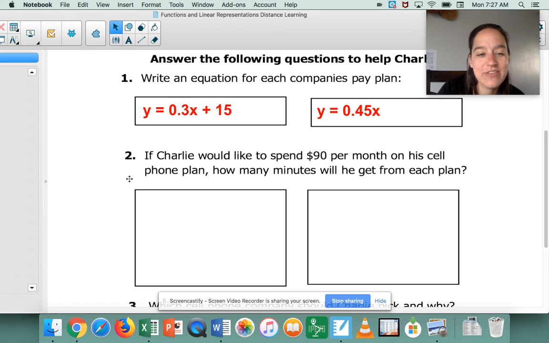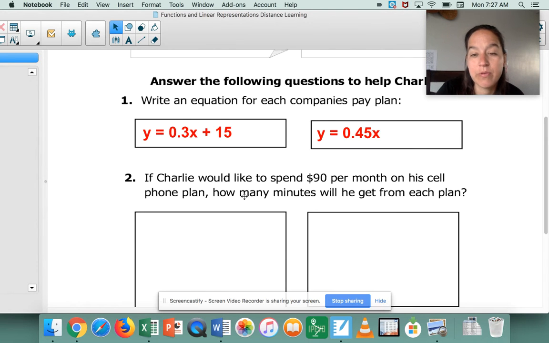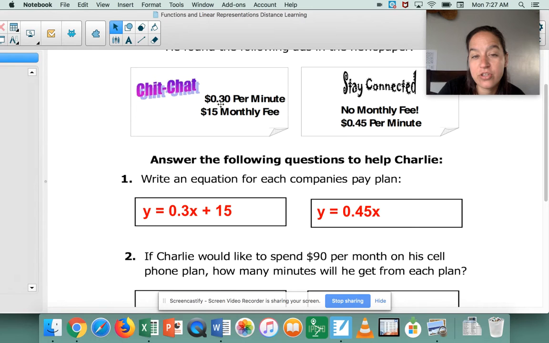So let's do this. I go ahead and $90 per month. Is that my y or is that my x? Hopefully we're saying y, because what I'm figuring out here is x is the number of minutes, because if we recall, this says 30 cents per minute. That means my x value is minutes.